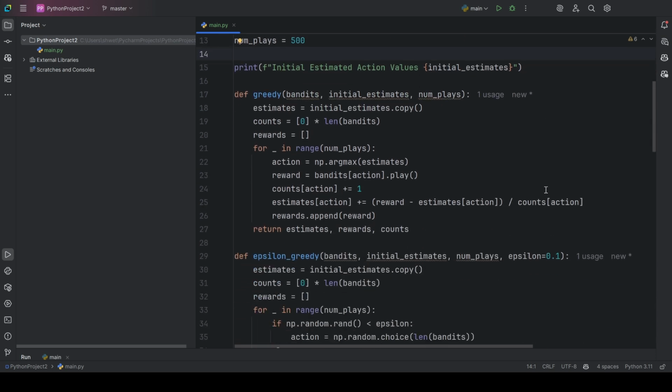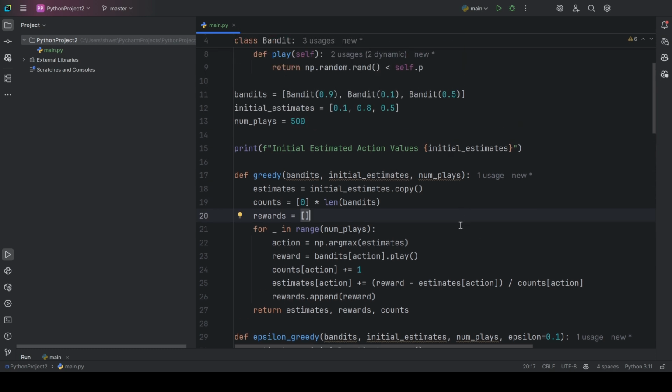So first is our greedy function, and it takes the bandits, initial estimates, and numplays as input. First we have initial estimates that we get from here. We have a list for counts, and we maintain a list of rewards, which we will later use to find cumulative reward.